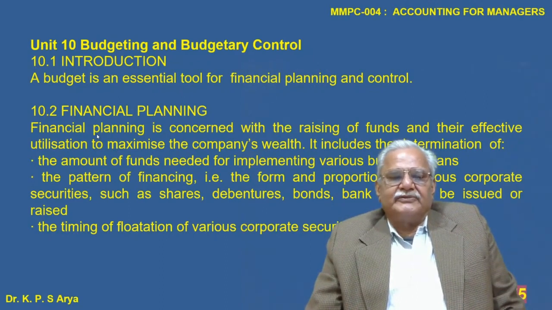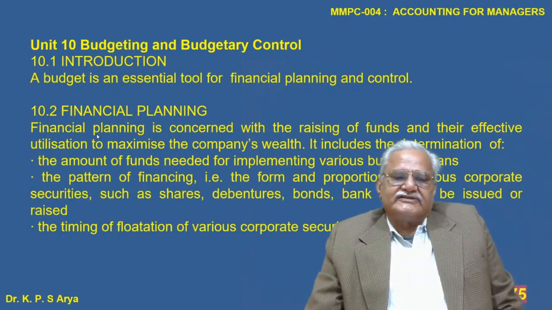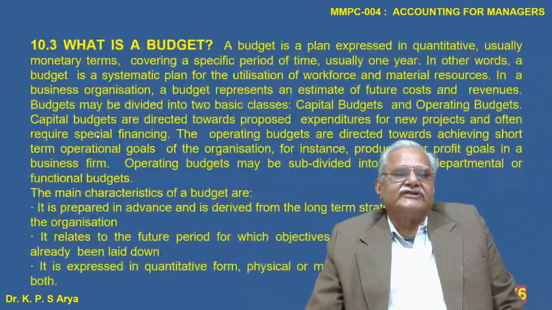It includes the determination of the amount of funds needed for implementing various business plans, the pattern of financing, the form and proportion of various corporate securities such as shares, debentures, bonds, bank loans to be issued or raised, and the timing of floatation of various corporate securities.